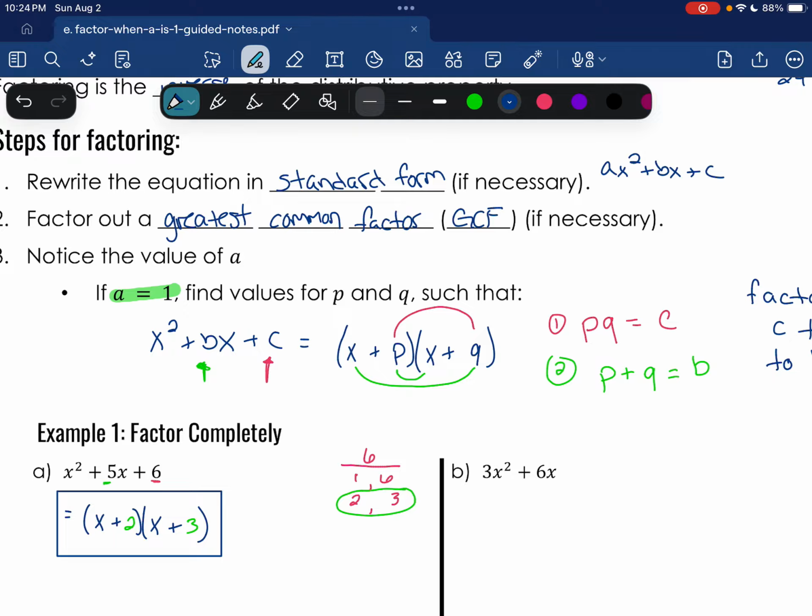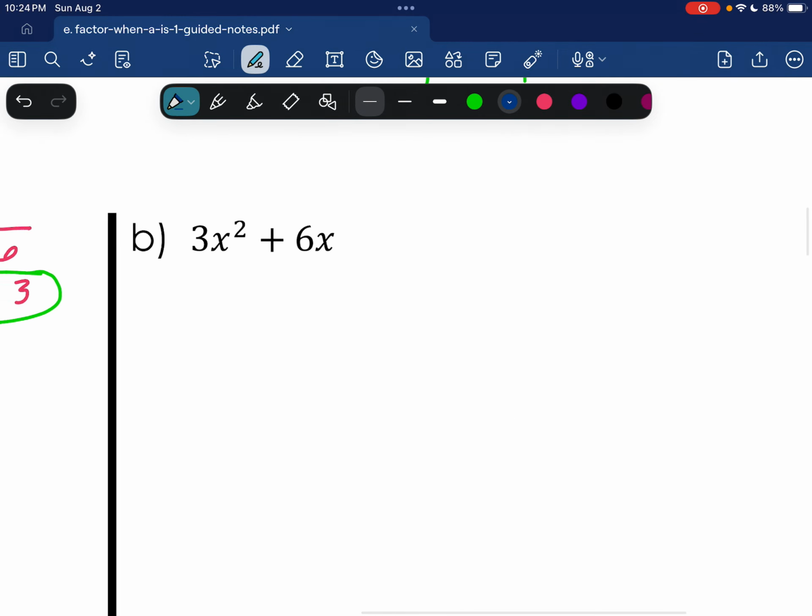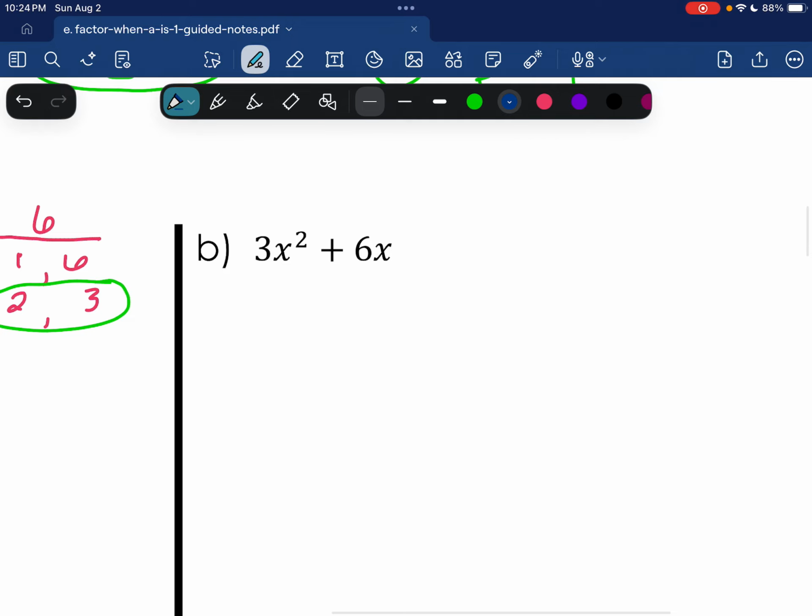I noticed that both of these coefficients are divisible by 3, and they each have at least x to the first power. So we are going to factor out a 3x. That is our GCF. And then what's left over is x plus 2.